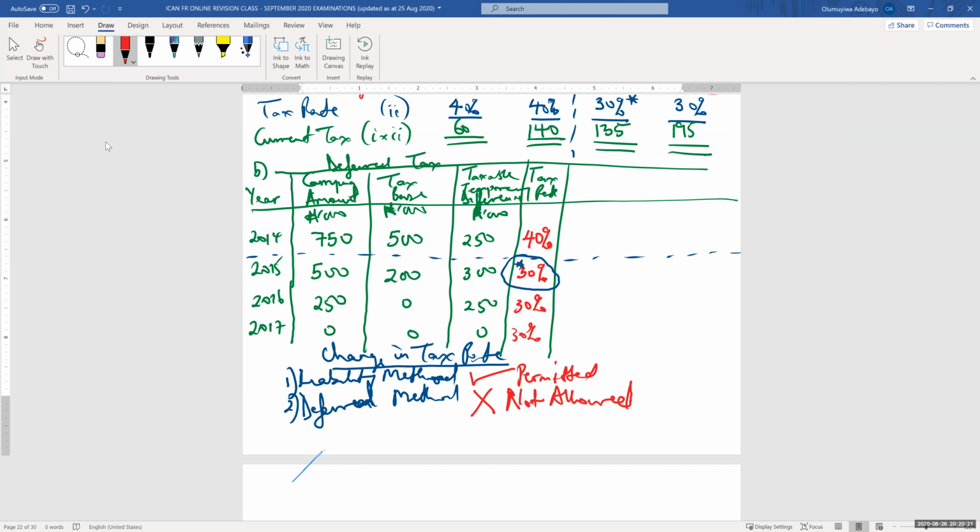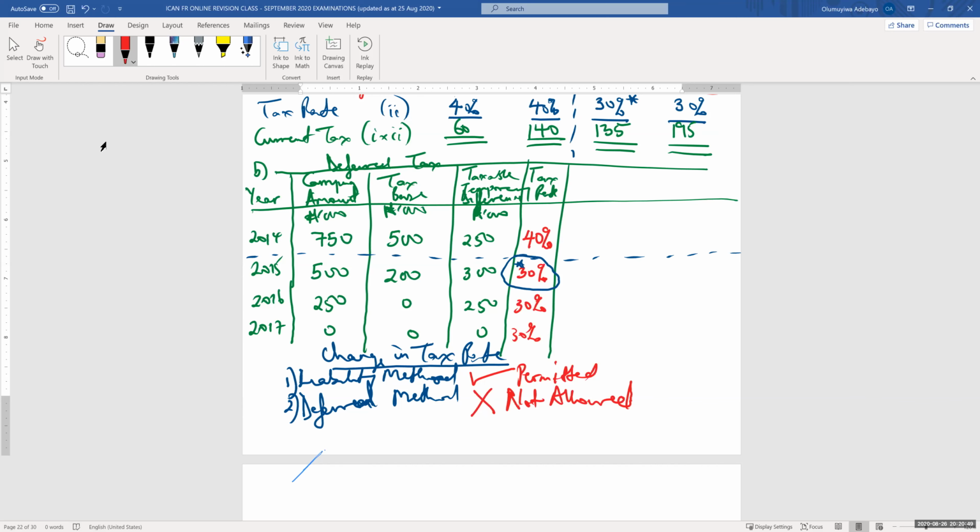But a situation could exist where the impacts will be the same on actual taxes and deferred tax. When is that? Imagine the pronouncement was made in 2015 and is taking effect immediately, which means it's taking effect in that 2015. In that situation, both the computation of current tax and deferred tax will recognize the new rate of 30% in 2015.